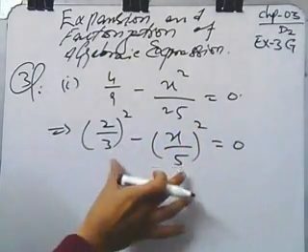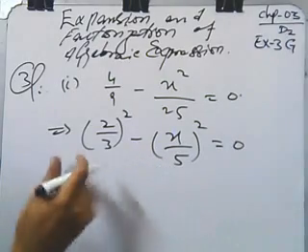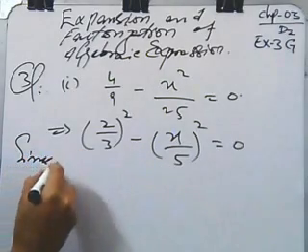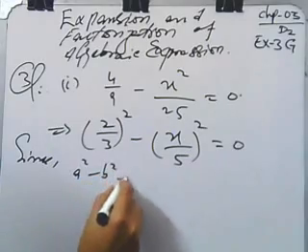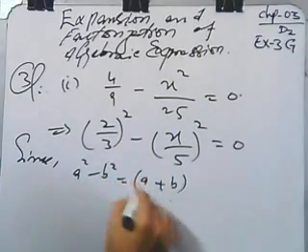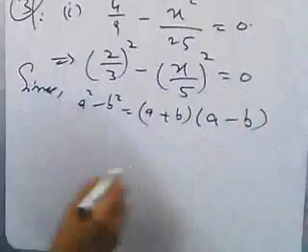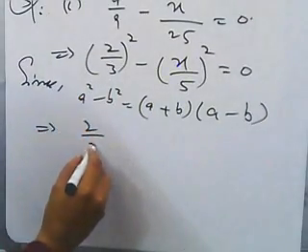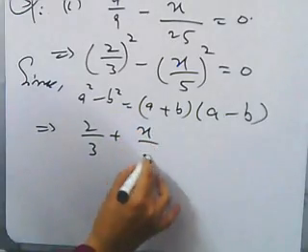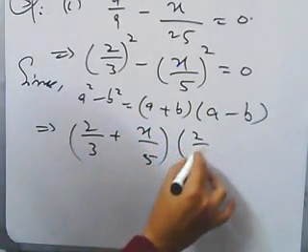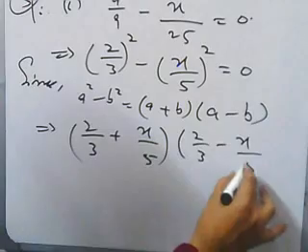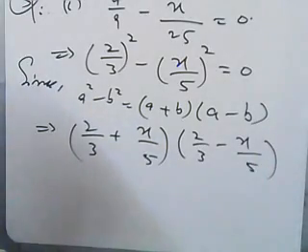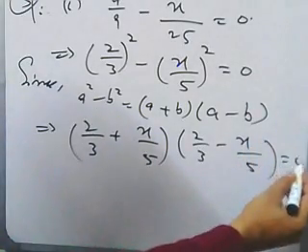So you have made the perfect squares. Since you have a formula, that is the difference of two squares formula, which is equal to a plus b and a minus b, using that formula you will get one time positive and one time negative. So it is equal to 0.